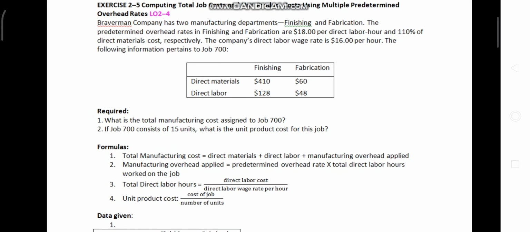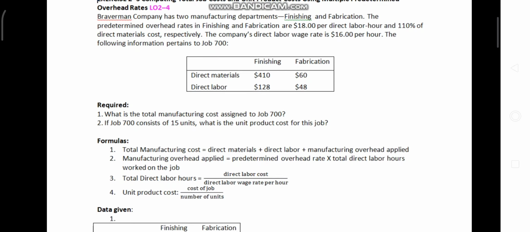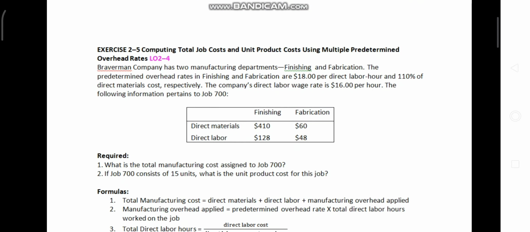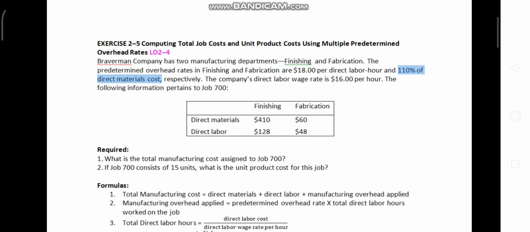The third information is that predetermined overhead rate for finishing department is $18 per direct labor hour. And the next information is that predetermined overhead rate for fabrication department is 110% of the direct material cost. So I'm going to list that down too.